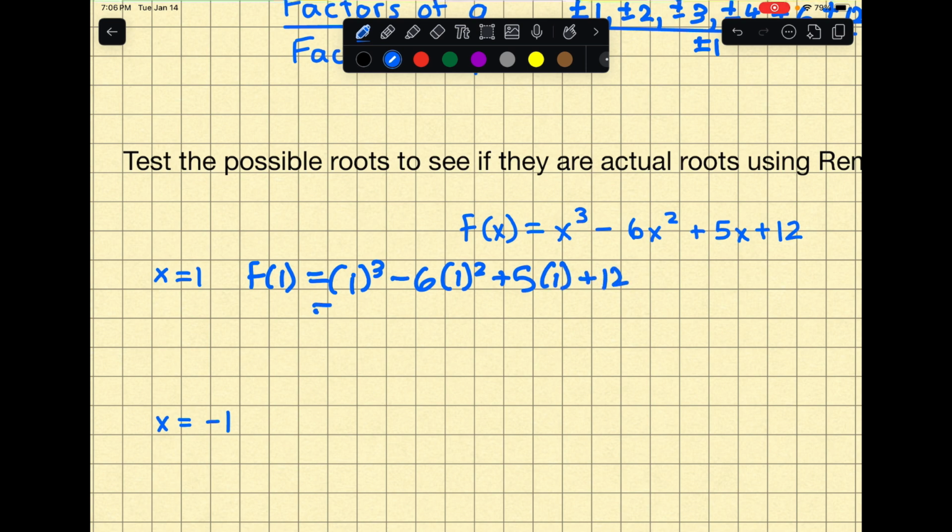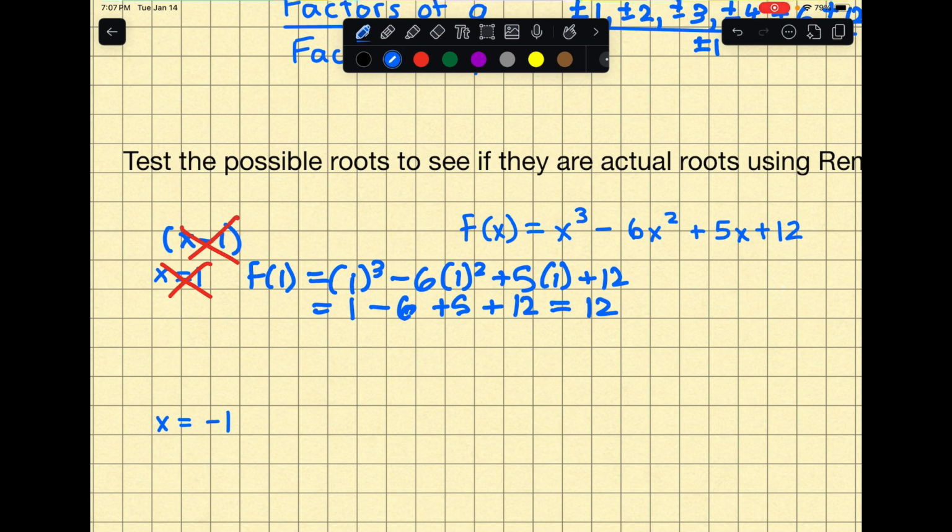That's 1 minus 6, which is negative 5, plus 5 is 0, and plus 12 is just equal to 12. So this doesn't equal 0. So x equals 1 is not one of our roots, meaning x minus 1 is not one of our factors.